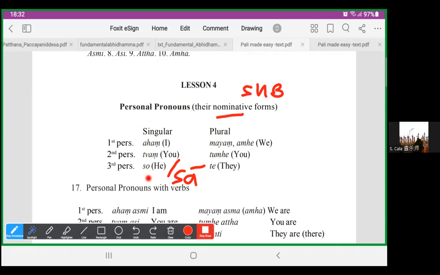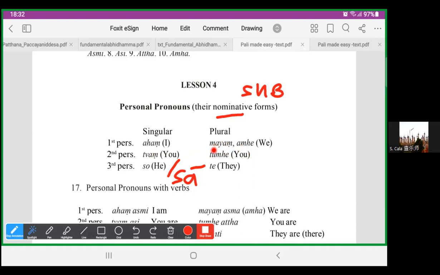So we recite so, te, or if you want, so, sa, te, tuam, tumhe. It's actually an M and H sound: tum, T-U-M, and then you add the M and H, tumhe. So aham, mayam, amhe.